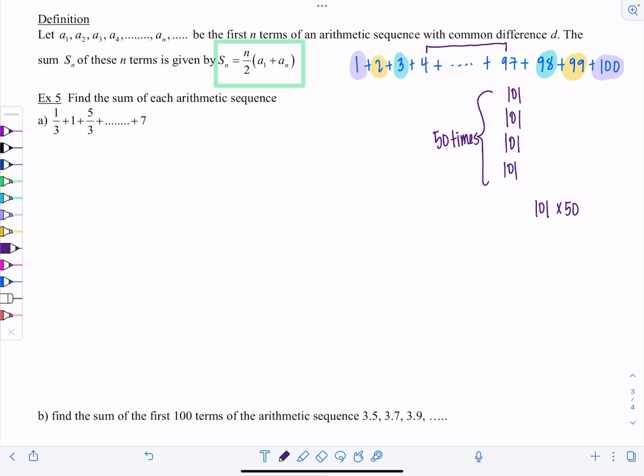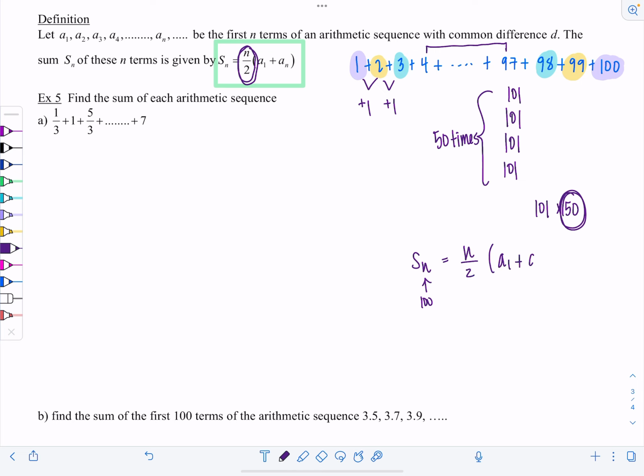So look, the sum, say, of the first 100 numbers, right? This is an arithmetic sequence because you're just adding 1 every single time. So it's the most basic arithmetic sequence. Is n divided by 2, well, that's the 50 pairs. However many terms you have, cut it in half. That's why we had 50.